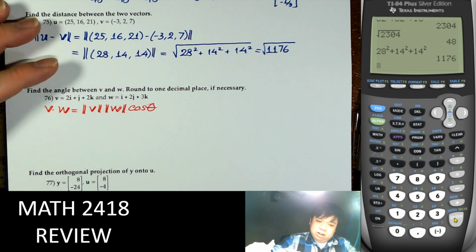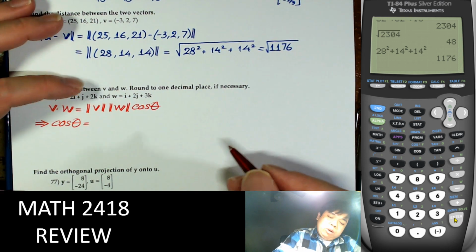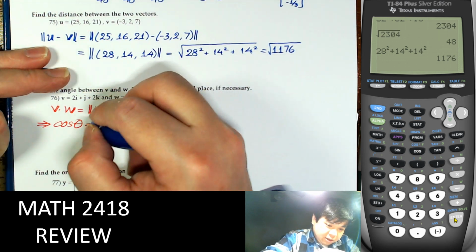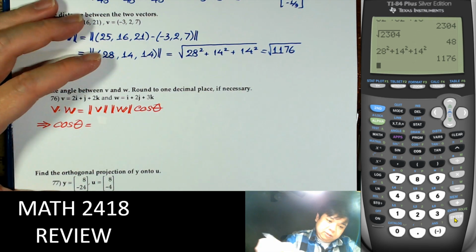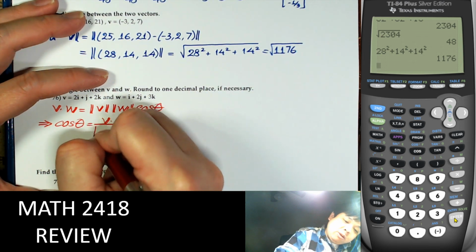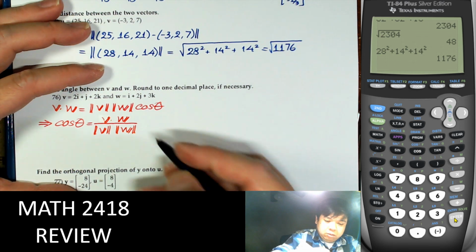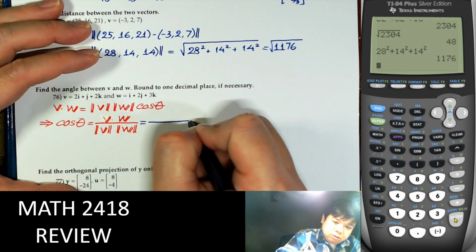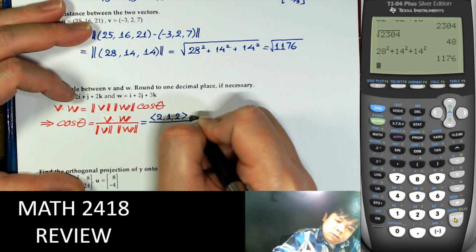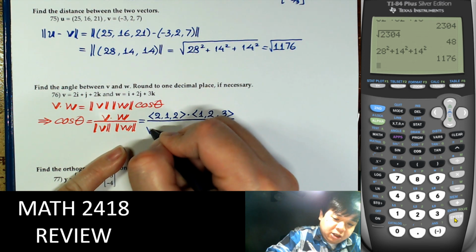So if we want to find the cosine of theta, we take the dot product over the product of the magnitudes.